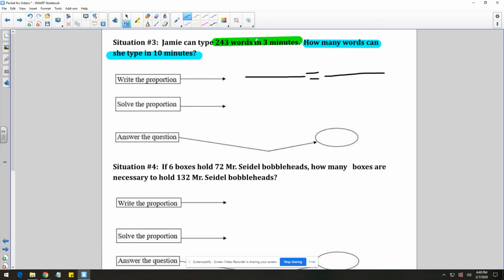I'm going to start with my given one, 243 words in 3 minutes. So I always put whatever I'm given first on the top, and then I'm going to put W for words. It's important that you write your units so that you make sure that things get set up in the right spot. So 243 words for 3 minutes, and then over here, how many words can she type in 10 minutes? So this 10 minutes is my known factor, and it needs to go across from the minutes that I have here on the bottom. So this is going to be the 10 on the bottom with the unknown up here.